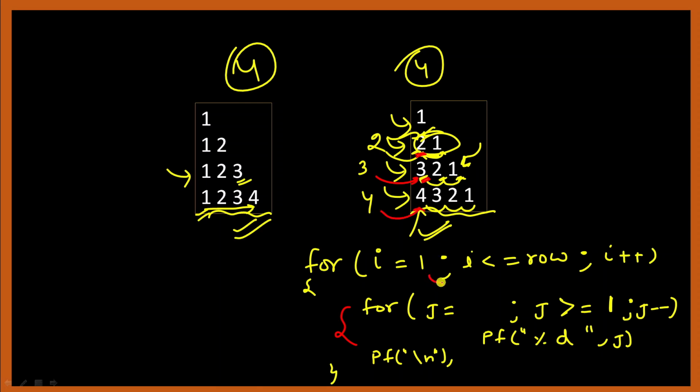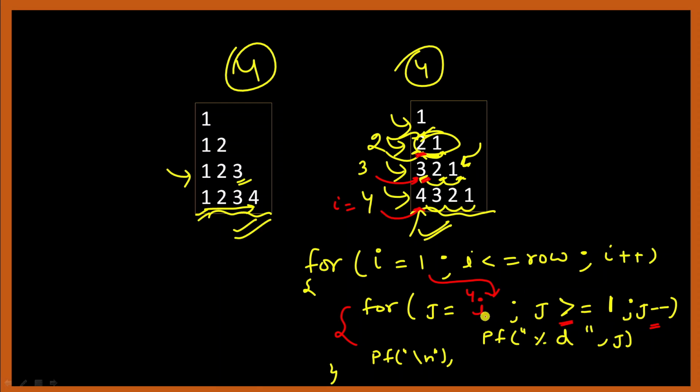So j equals whatever value of the row is coming, start from that i only. If I am in the ith row, if i is equal to 4, then start with j equal to 4, and then we have to decrement. So this for loop is going in the reverse direction, and the limit is 1. So 4 3 2 1, right?